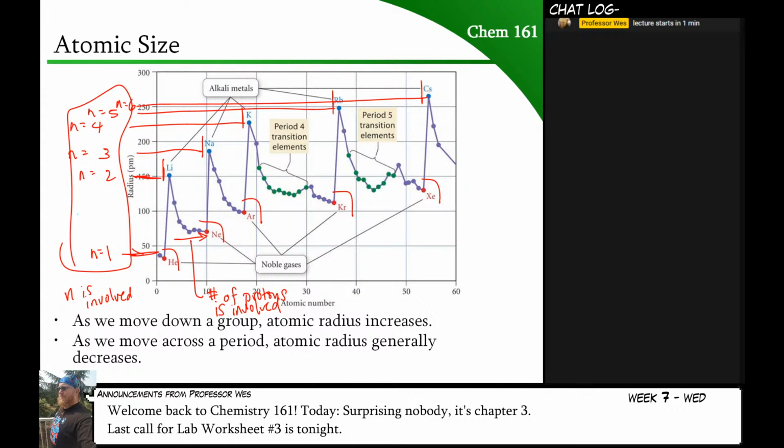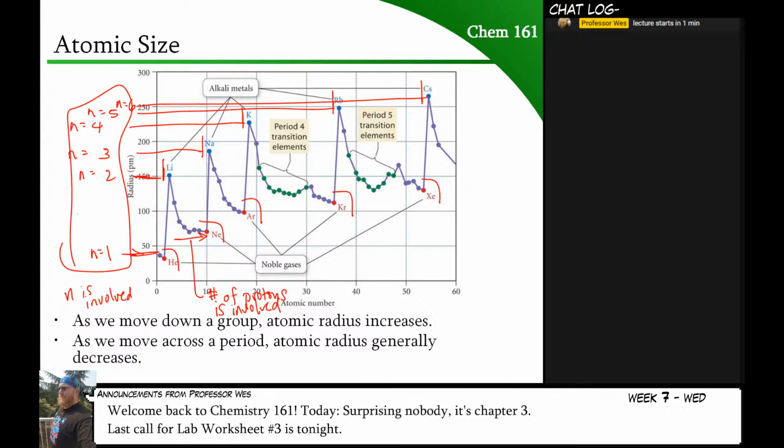Now, if I ask you how the radius of an atom changes with increasing atomic number, then the question I am asking you is to describe what you see on this chart. How does atomic number affect atomic size?